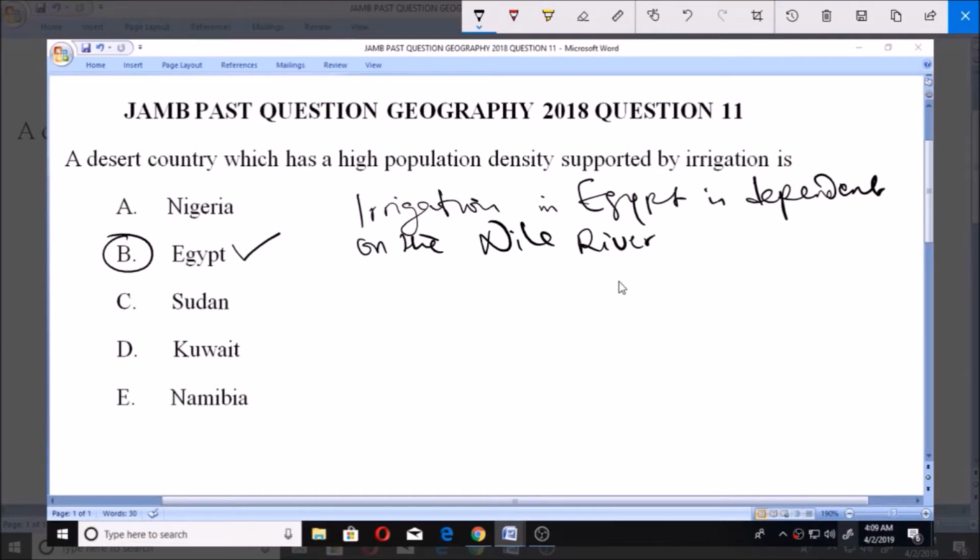Then Egypt is known to be surrounded by deserts. So Egypt is a desert country actually.